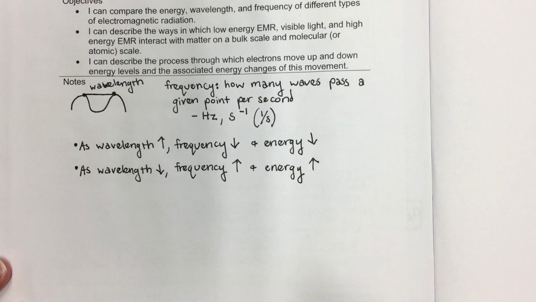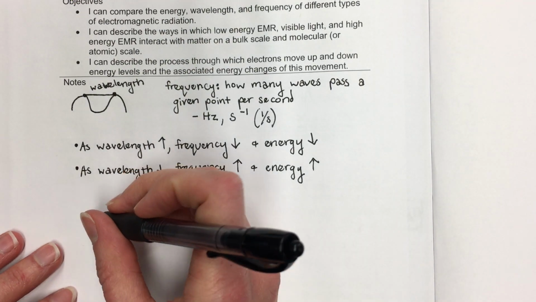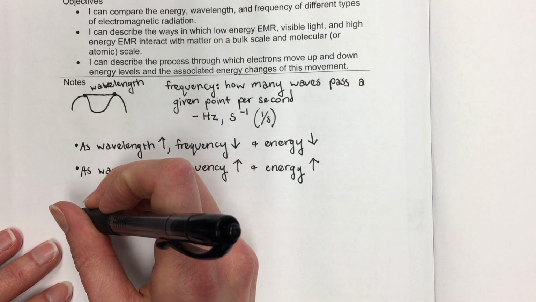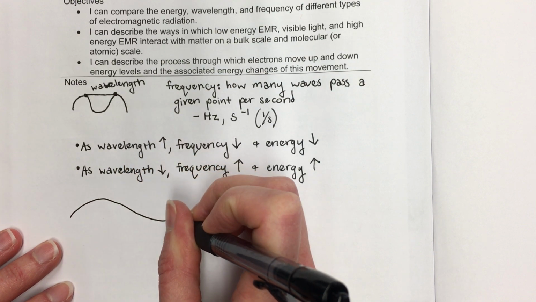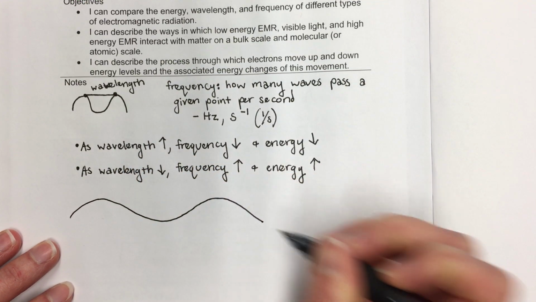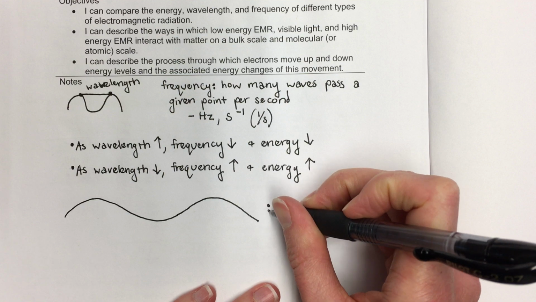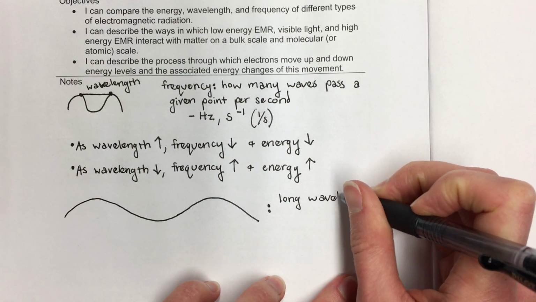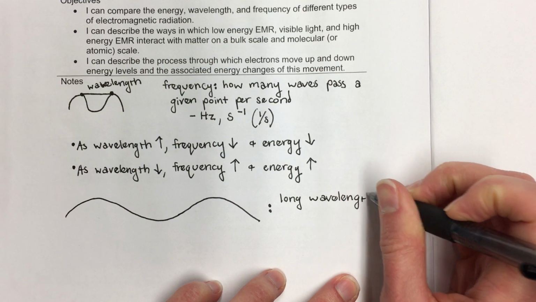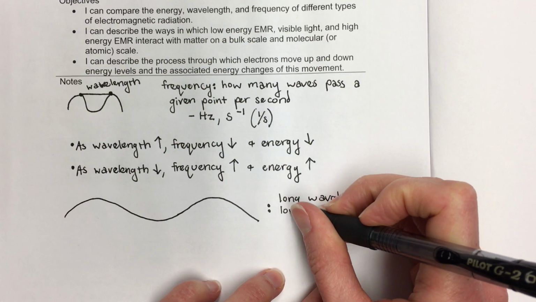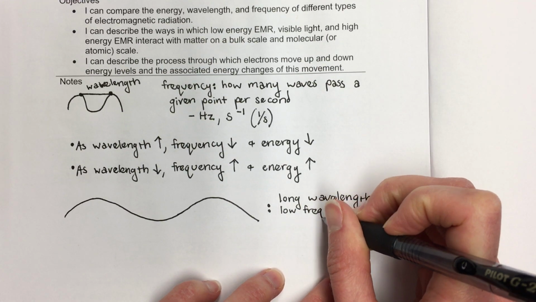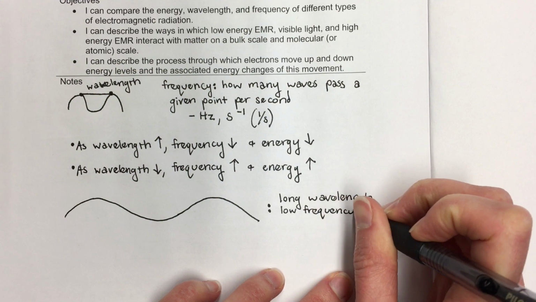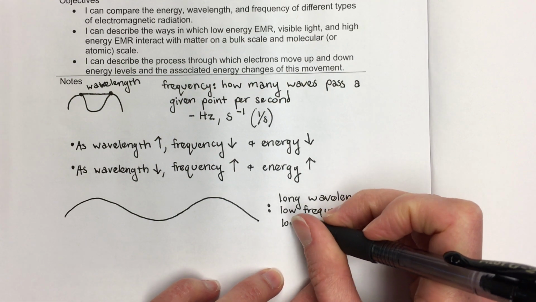Okay, just to drive this home a little bit more, one more diagram. I'm going to draw some really long waves. So we're going to say this is a long wavelength. So it is going to have low frequency and low energy.